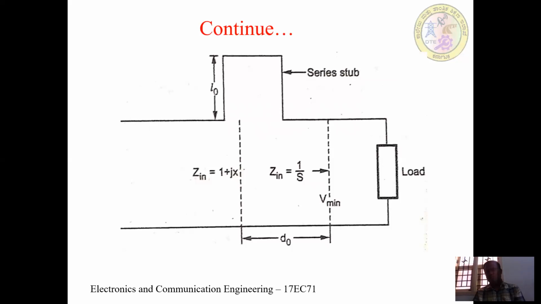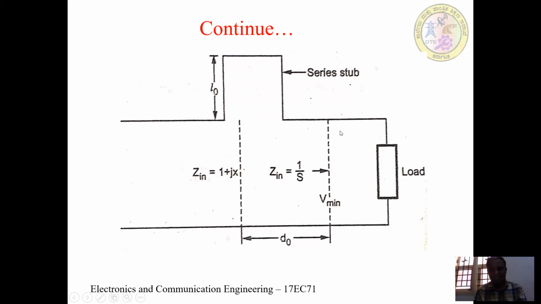Now we will highlight how the series stub is connected. In the shunt stub shown in the previous slides, the stub is connected between two points across the line. But now the series stub is connected in series, in continuation with the transmission line.